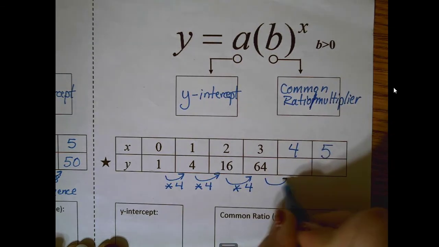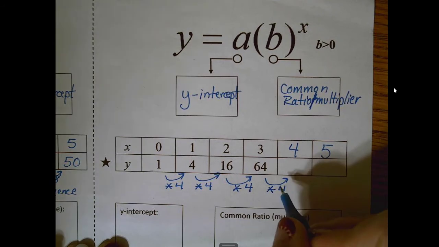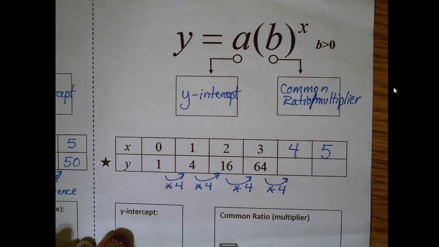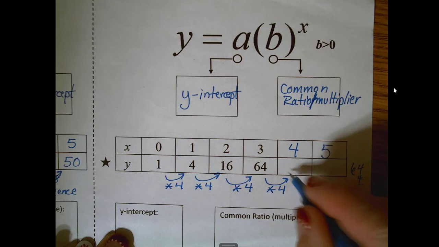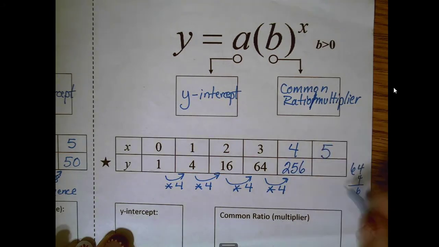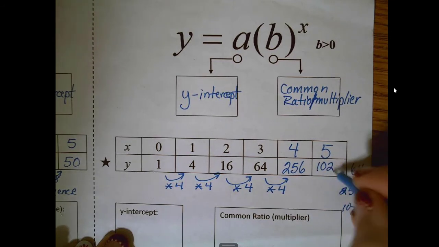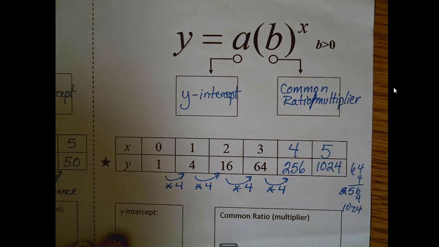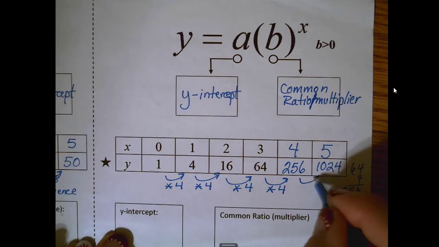So I'm going to go ahead and complete the chart. Multiply by 4. I'm going to get 64 times 4, 256. And let's times it by 4 again. 1024. So you see I have to do a little bit of math at times too.